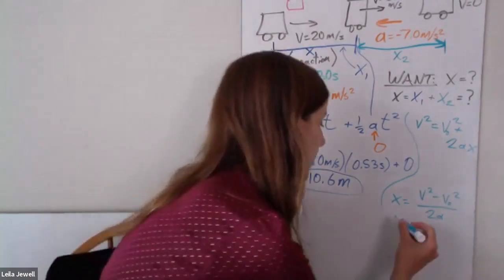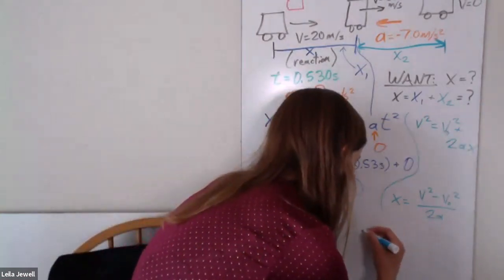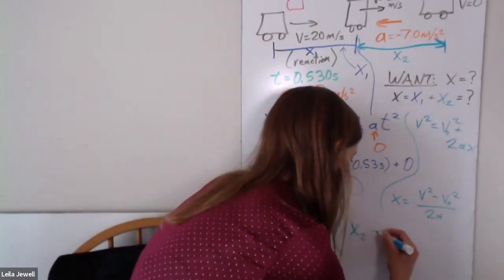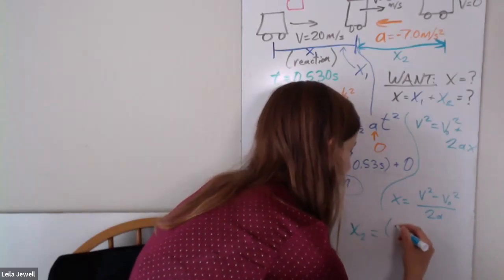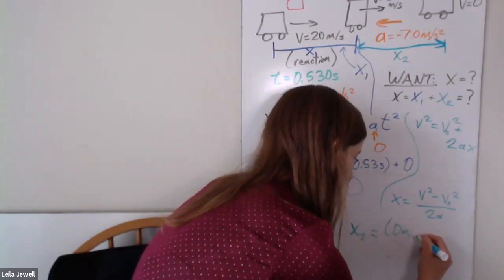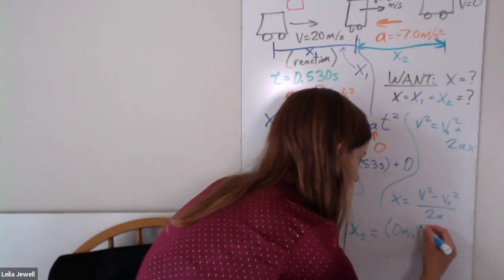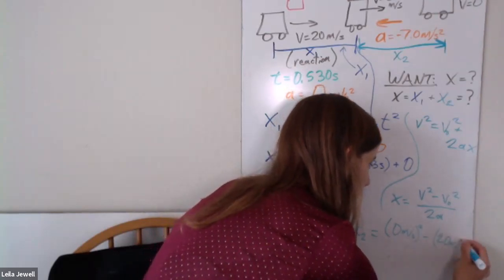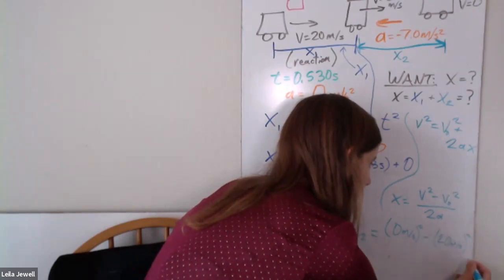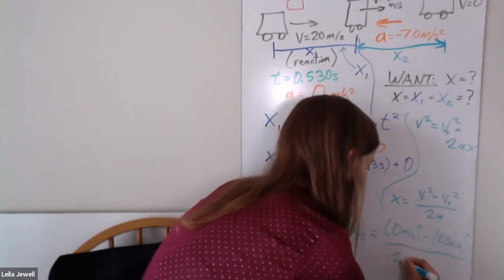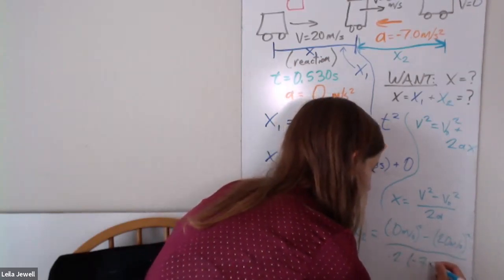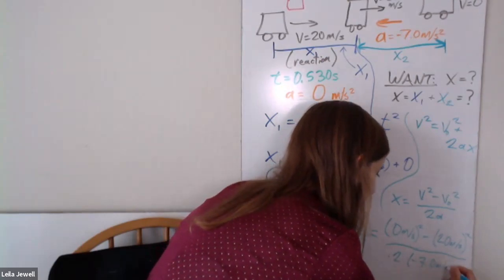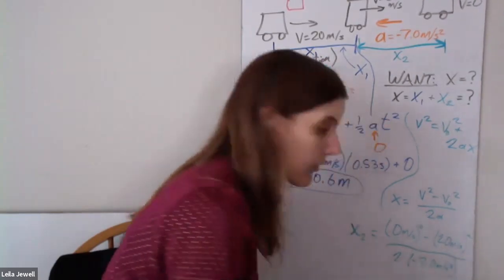And this is also, by the way, going to be my x2. x2 is equal to my final velocity, 0, because it stops, meters per second squared, minus my initial velocity, 20 meters per second squared, all divided by 2 times negative 7.0 meters per second squared.